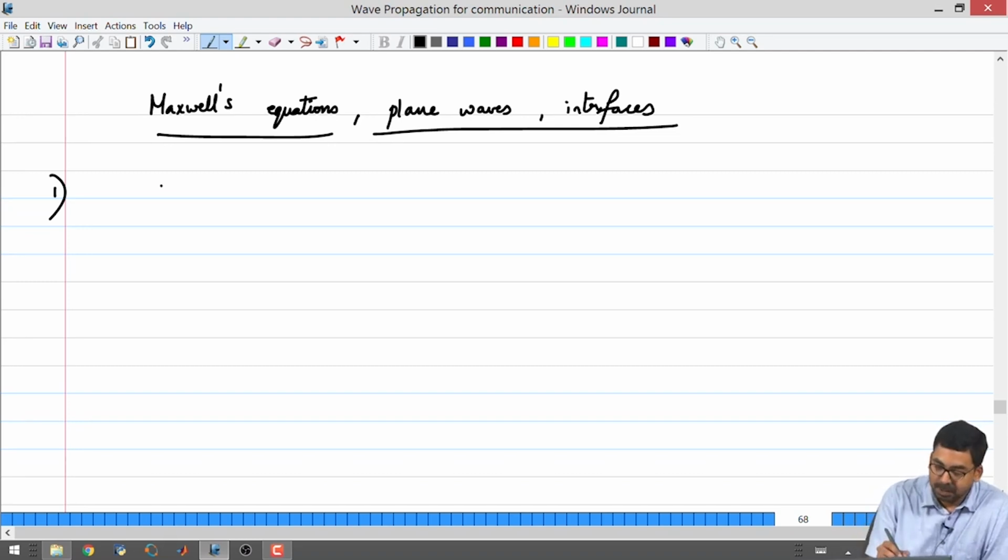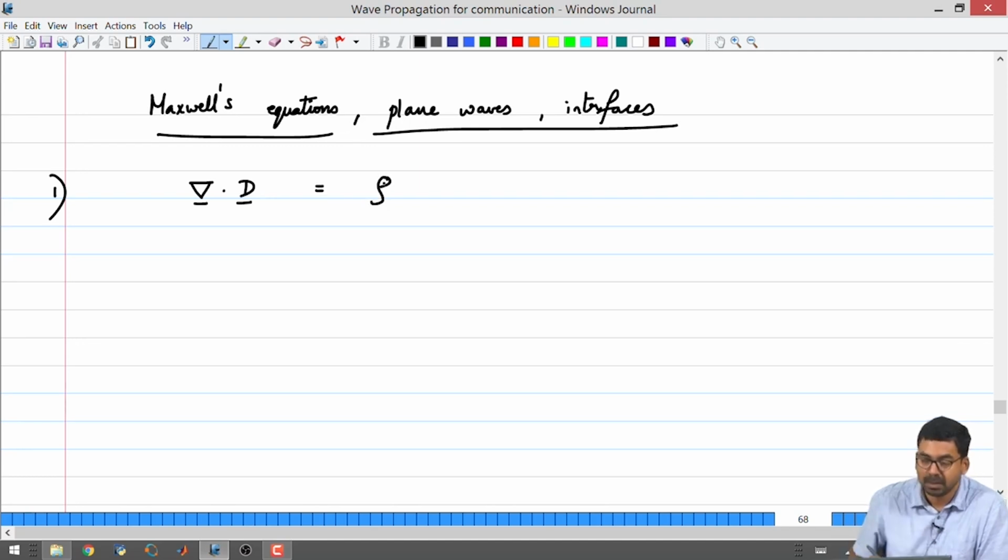Okay. So, I have the Gauss's law, del dot D is equal to rho, right. Depending upon the sign of the rho, I could have fields emanating from charges.